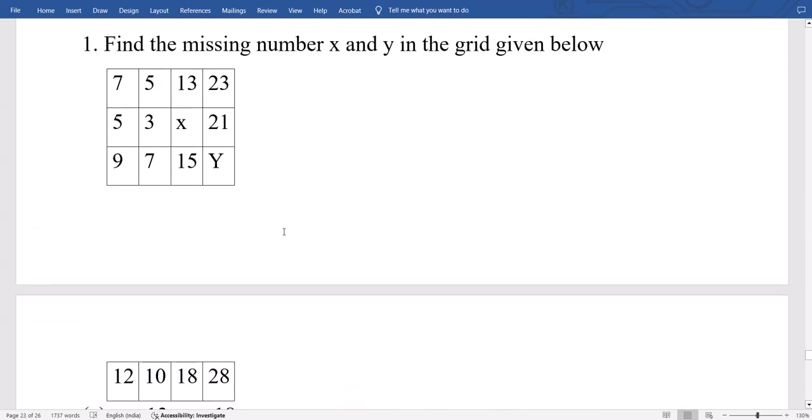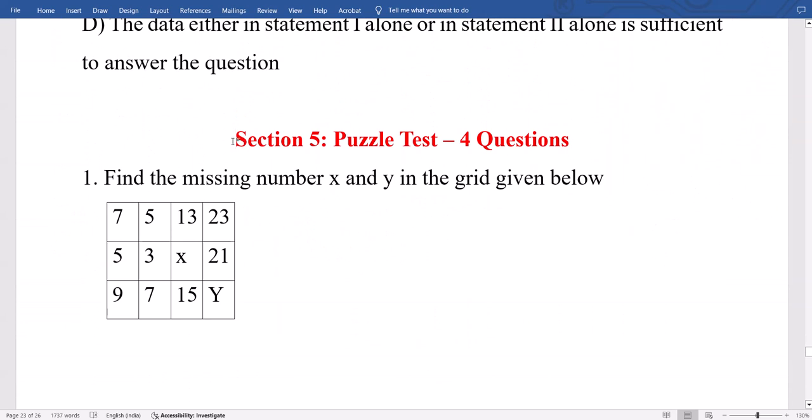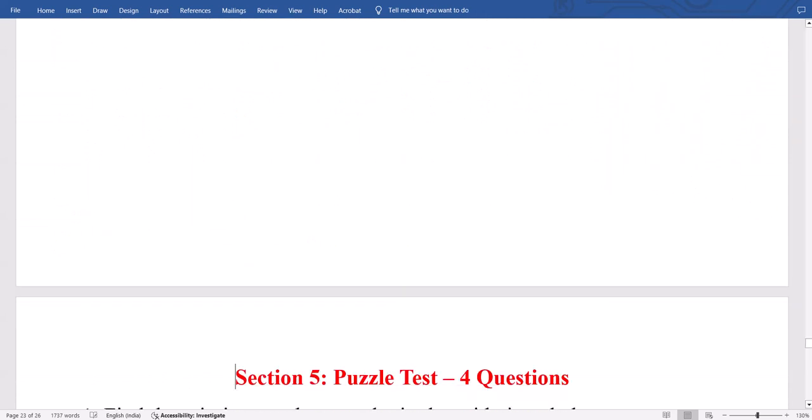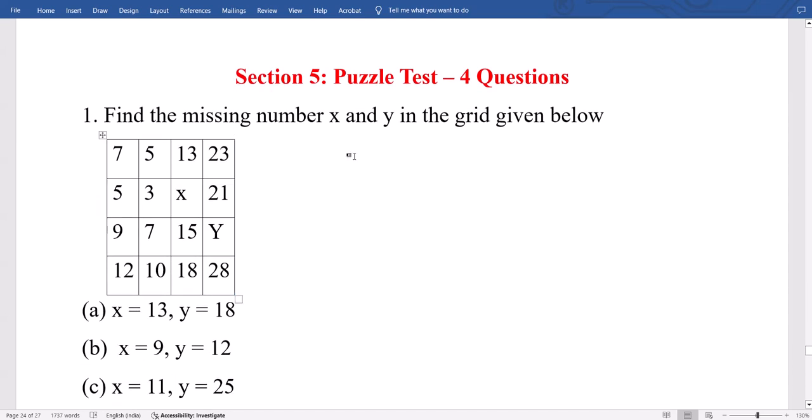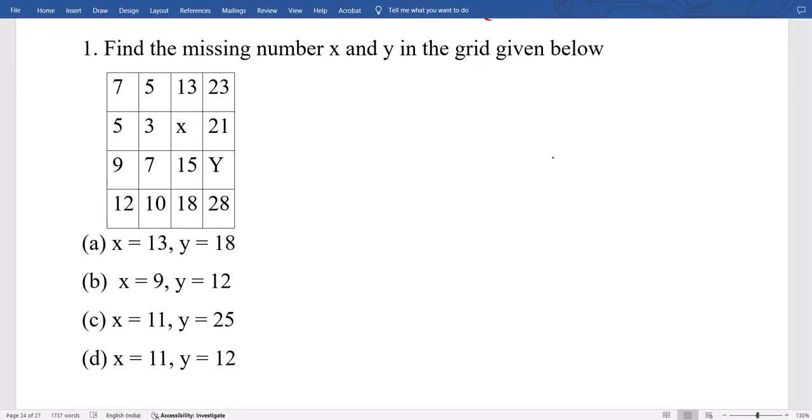Now see this, puzzles related section 5. If you focus on this carefully, A, B, C, D is in such a way that B is A minus 2, C is nothing but B plus 8, D is nothing but C plus 10.